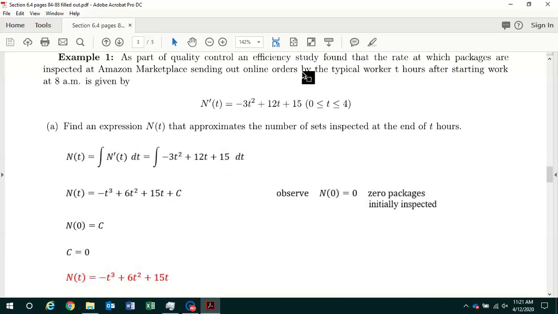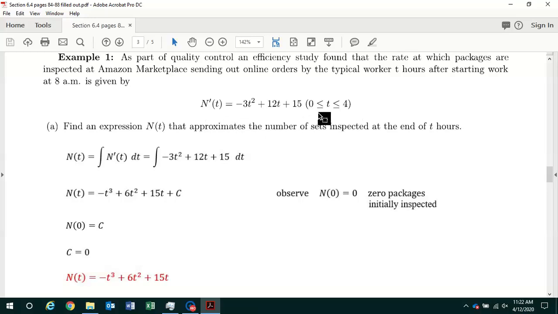An efficiency study found that the rate at which packages are inspected at Amazon Marketplace by the typical worker, t hours after starting work at AM, is given by this derivative. N prime of t is equal to minus 3t squared plus 12t plus 15 for t equal to 0 to 4.